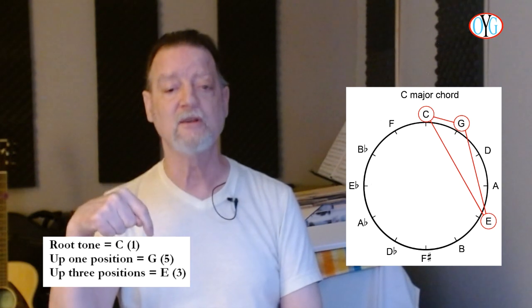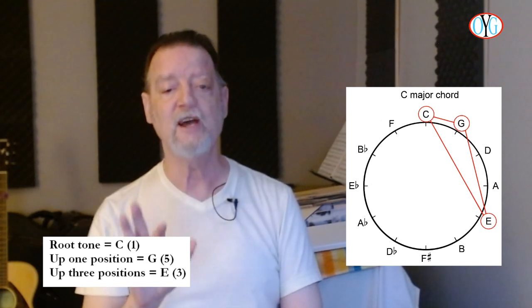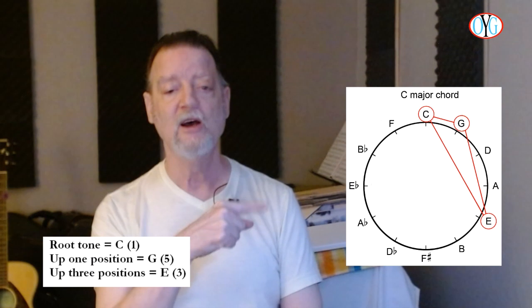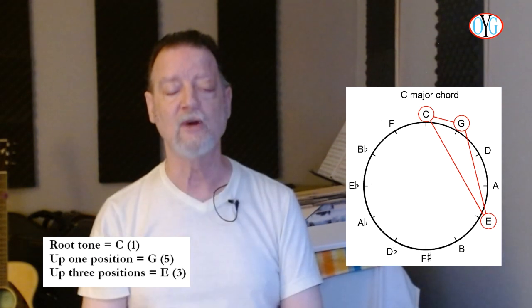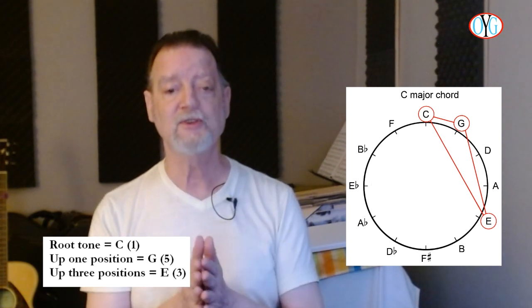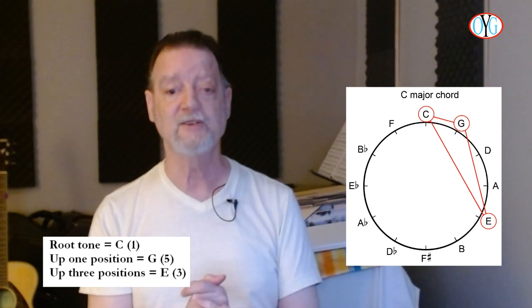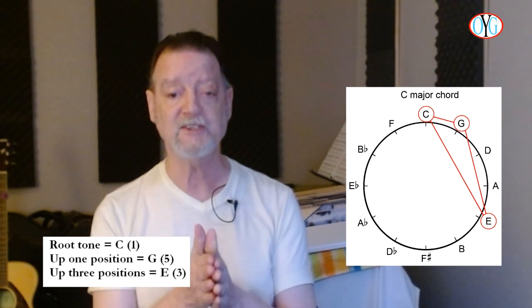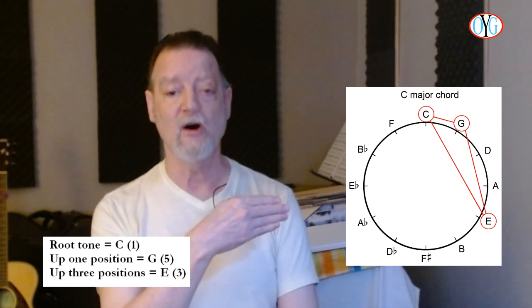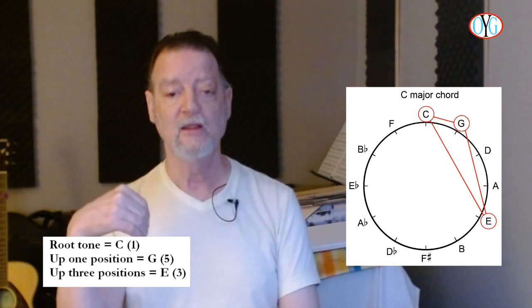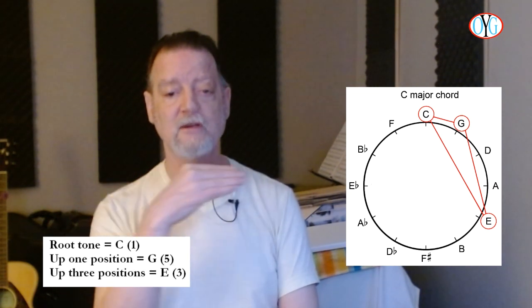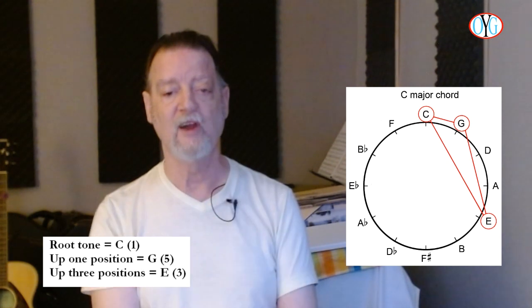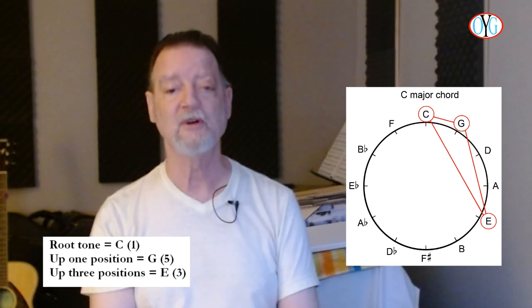So the equation works for any major chord. And you see there C, G, and E. We know those are the 3 notes of the C major chord because we've tested it, and now we also further test it through the equation and verify it on the Circle of Fifths.